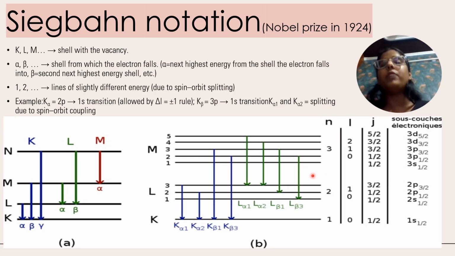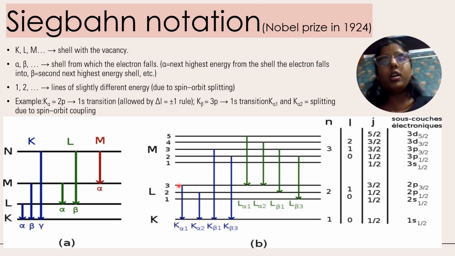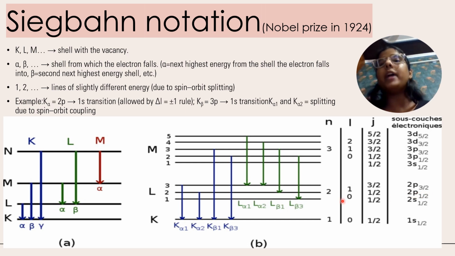Sometimes splitting within the orbital takes place, fine splitting, due to spin-orbit coupling, which means that the p subshell is split into two levels, 2p 3/2 and 2p 1/2. For K alpha, the transition can take place from 2p 3/2 to 1s 1/2, and from 2p 1/2 to 1s 1/2, giving rise to the K alpha 1 and K alpha 2 spectral lines.